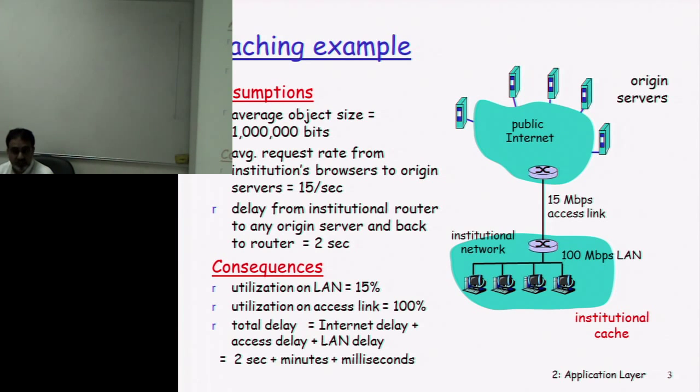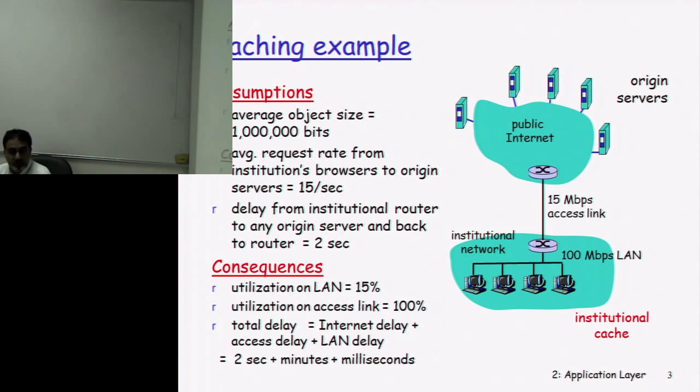We have more capacity and fewer requests, so 100 Mbps is a good capacity on the LAN. So the LAN delay will be in milliseconds. Once you total it, it will give you the total delay to fulfill these 15 requests per second from the origin server over the internet.